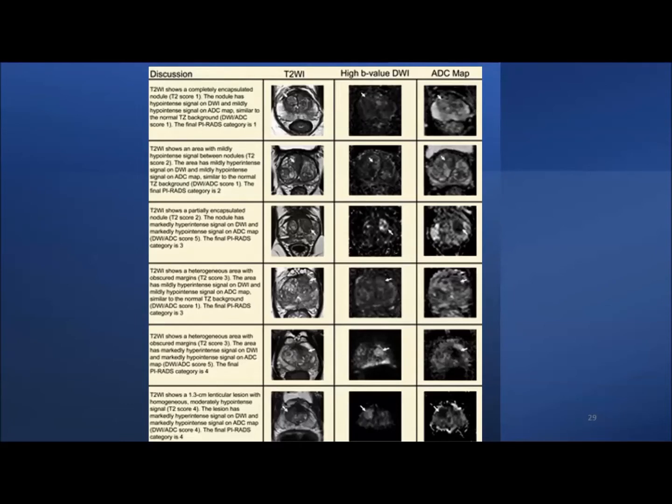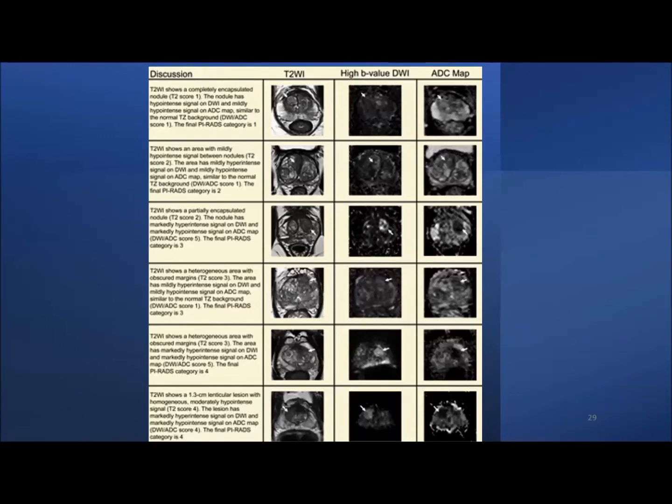So they are characterized or given a score of 3. Then we will revert to T2, and if it is equally suspicious on T2, then we will categorize it by combining these two scores.